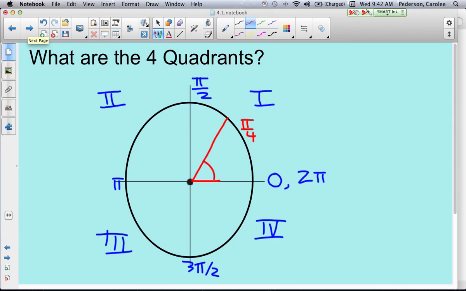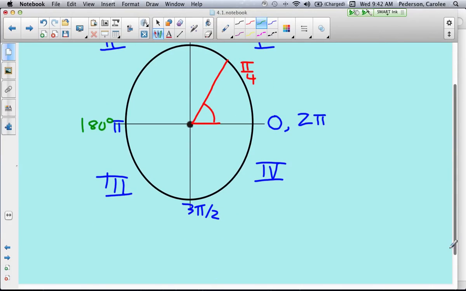So later on, when we introduce the unit circle, we're going to ask you to memorize and remember the degree measure and the radian measure. So let's talk about the degrees here for a moment. What is the angle with pi over 2? What is that in degrees? 90. What is pi? 180. What's 3 pi over 2? Another 90, which is 270.